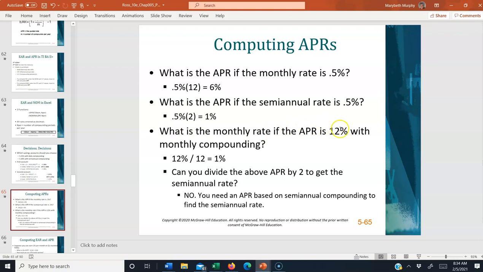Okay, what is the monthly rate if the APR is 12% with monthly compounding? Okay, so we're going to say 12% divided by 12 equals 1%. Then it says, can you divide the above APR by 2 to get the semi-annual rate? No, we actually need the APR based on semi-annual compounding.